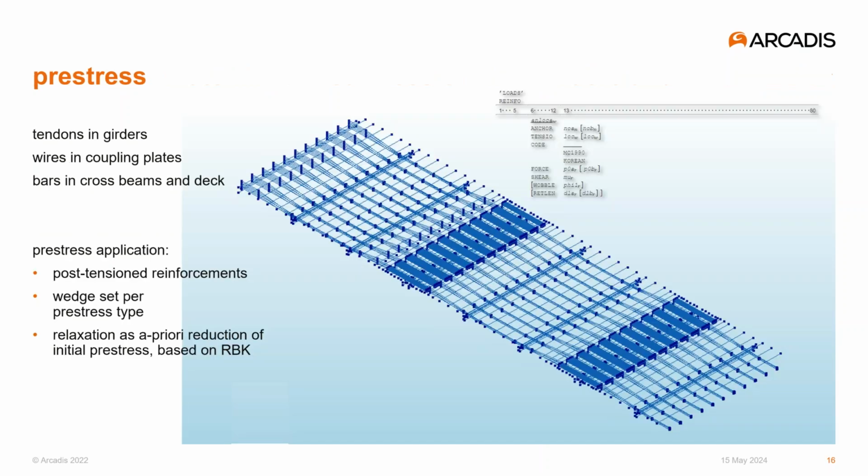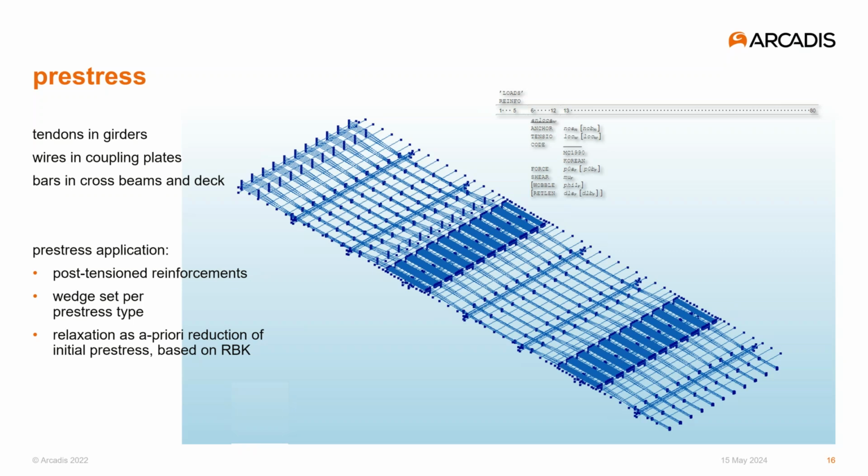The bridge contains several types of pre-stressing: curved tendons in the girders, straight wires in the coupling plates, and bars in transverse direction in the crossbeams and the deck. We modeled each individual pre-stress element with its appropriate curvatures. We used the option post-tensioned reinforcement for all elements, with a realistic wedge set for the tendons and 0 wedge set for the bars.